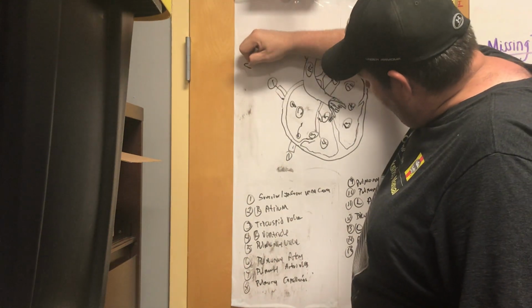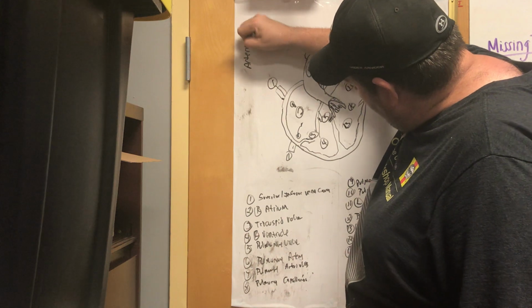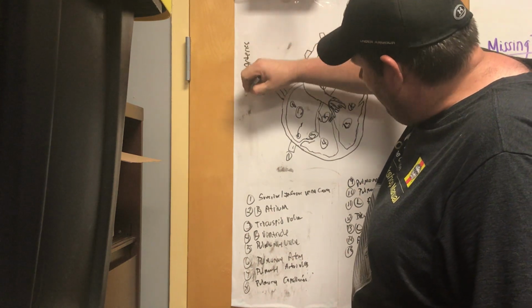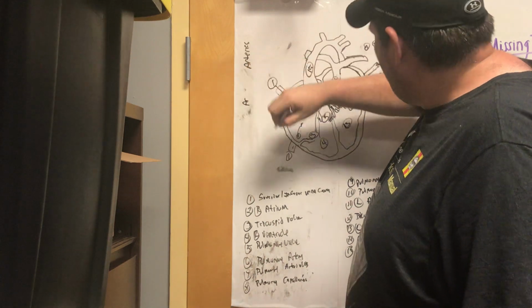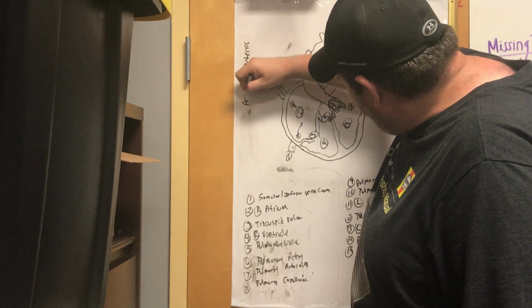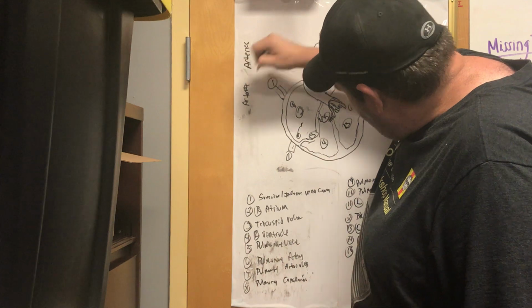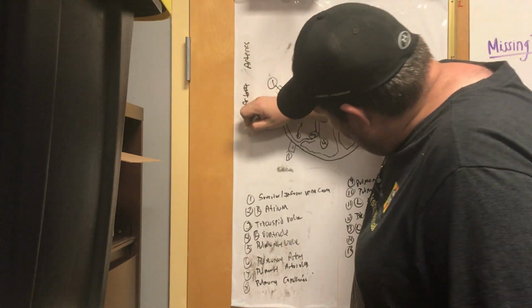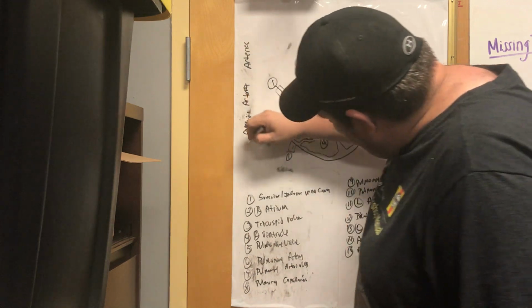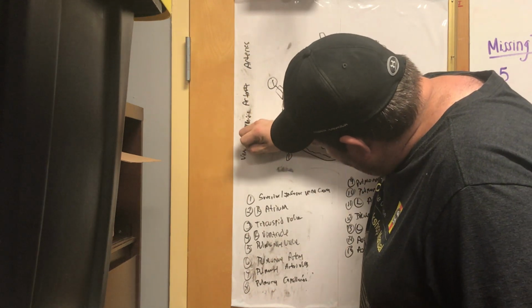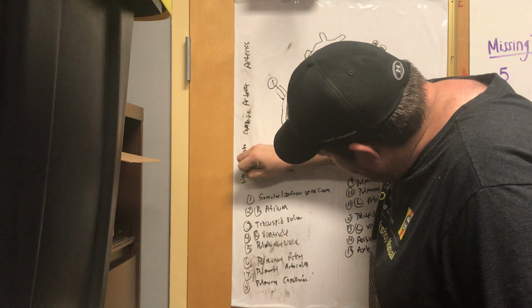So we're going to start by going through the arteries. Then we're going to go to the arterioles. And then we're going to go into the capillaries. Then we're going to go into the venules. And then the veins.